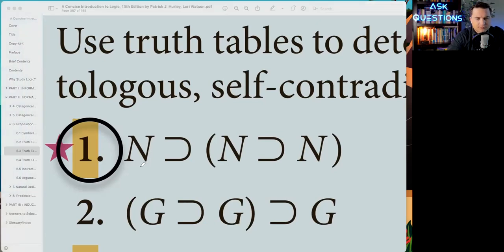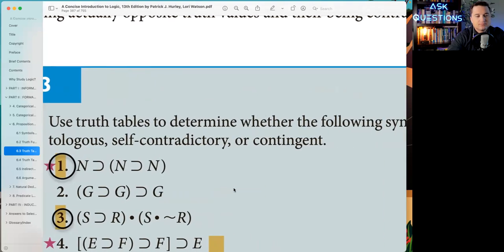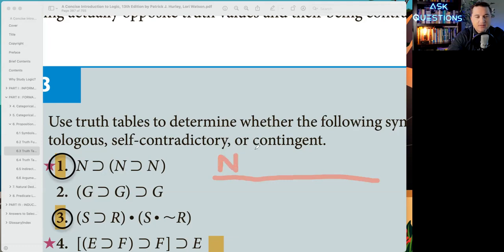Let's see, how do I want to do this? So what are the simple statements that make up this statement? Well, all I see is n. And that's one simple statement, and it's true or false.